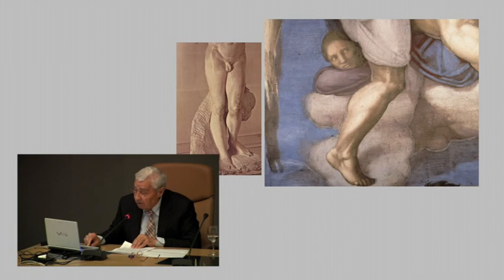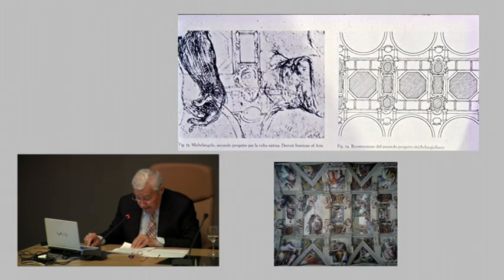The composition of the vault and the Judgment conveys Michelangelo's space sensitivity. At the beginning, he conceives the Sistine Chapel ceiling as a decorated vault like the ones in the Roman Domus Aurea.